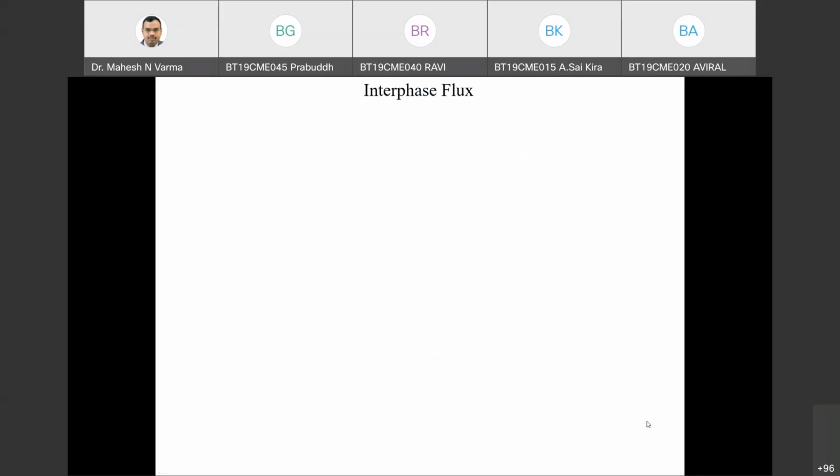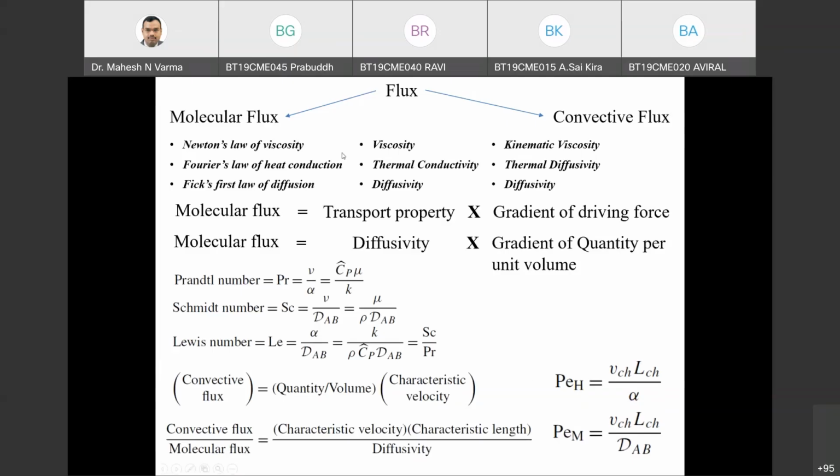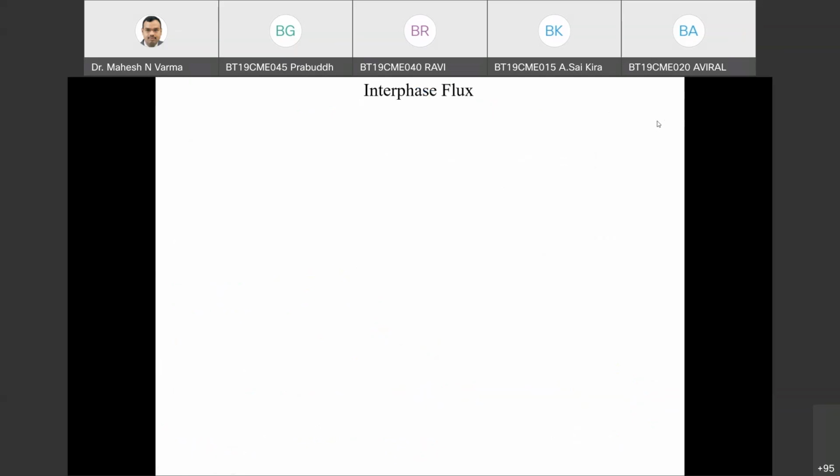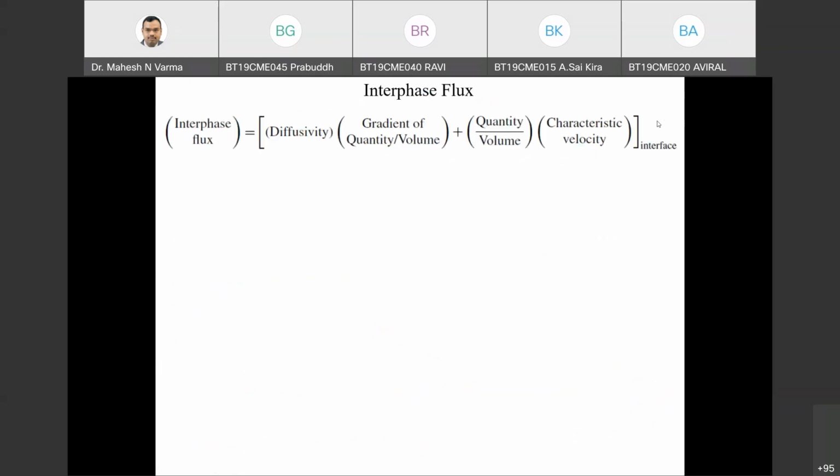Then we came to interface flux. This is what we discussed in molecular flux and convective flux. So what is interface flux? It is the total flux at the interface, molecular flux plus convective flux. As we cannot estimate the gradient of quantity per unit volume, we got three new equations.